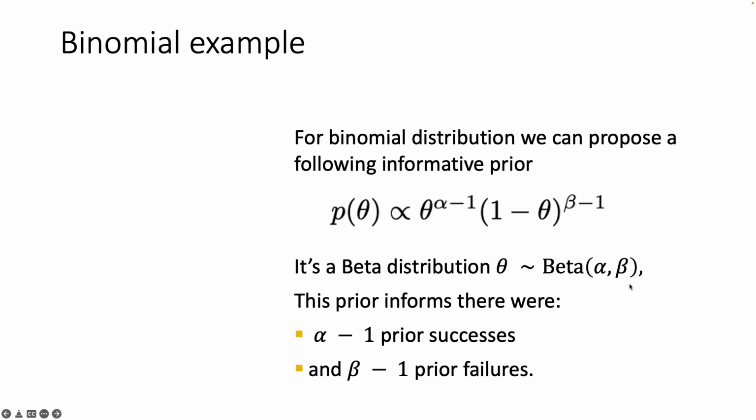It gives us the information about alpha minus 1 prior successes and beta minus 1 previous failures. So this is a way to introduce information about the past to our binomial experiment. We did already so many trials.